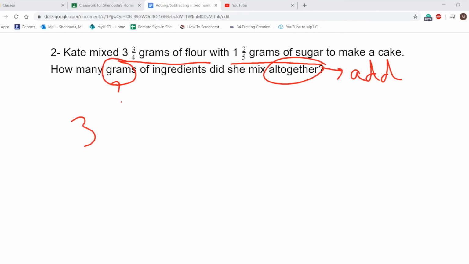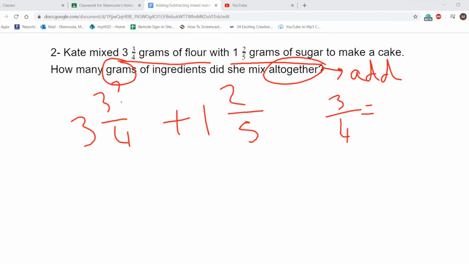But since we're finding the answer in the decimal form, I still need to convert those two mixed numbers into decimals. 3/4 is the same thing as 1/4 plus 1/4 plus 1/4, which is 25 cents plus 25 cents plus 25 cents, and that's 75 cents. The other way you can think about it is 3/4 of a dollar is 75 cents.